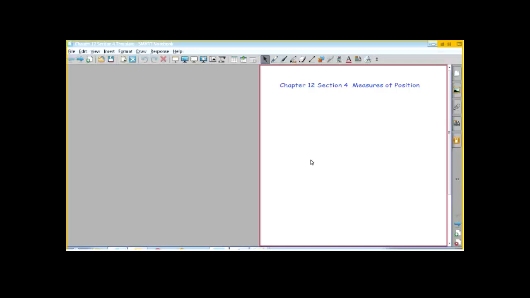The measures of position is a simple calculation using the values that we have already calculated. We're going to use the standard deviation, the mean, and the actual data value. Those three things, when used in the appropriate formula, give you a measure of position.